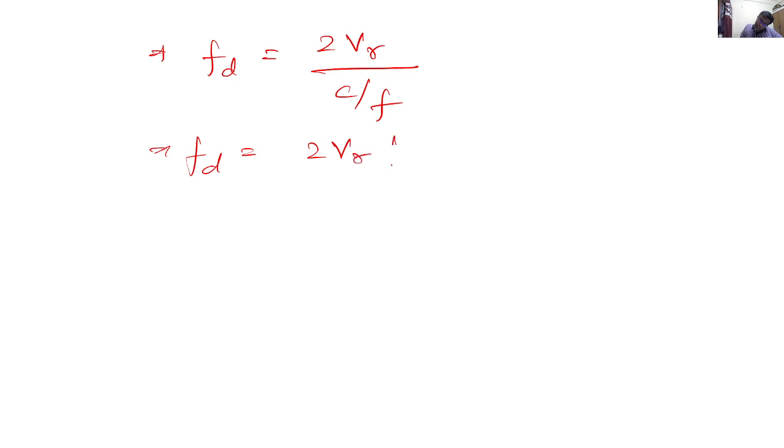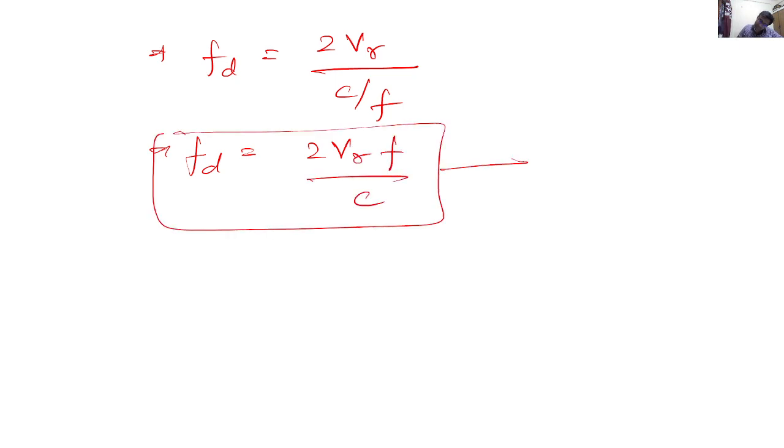This implies fd is 2 vr by (c by f). We're just transforming it from the wavelength spectrum into a frequency spectrum. So this gives us that fd is 2 vr f by c. So this is the Doppler frequency in terms of the frequency of the wave of the electromagnetic spectrum.